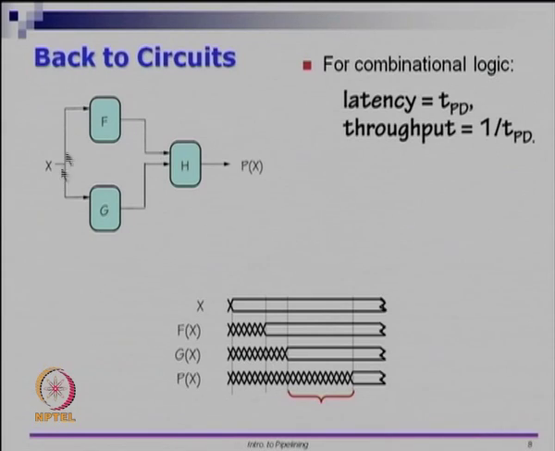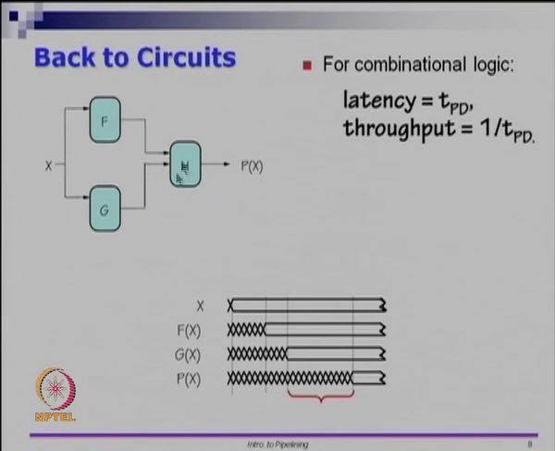X will get transformed by F in 2 time units, and it will be available here. G however will take 3 time units. So, I have to wait for the latest one, the one which is coming late. F of X is coming earlier than G of X, so I have to wait for G of X, and then H will take F of X and G of X, take some amount of time to process it, and send it out as P of X. So, the latency in combinational logic is whatever the propagation delay is, and you know how to calculate the critical path.